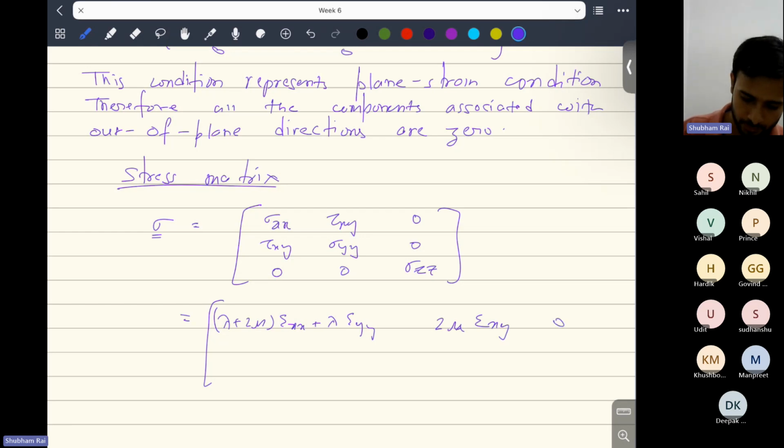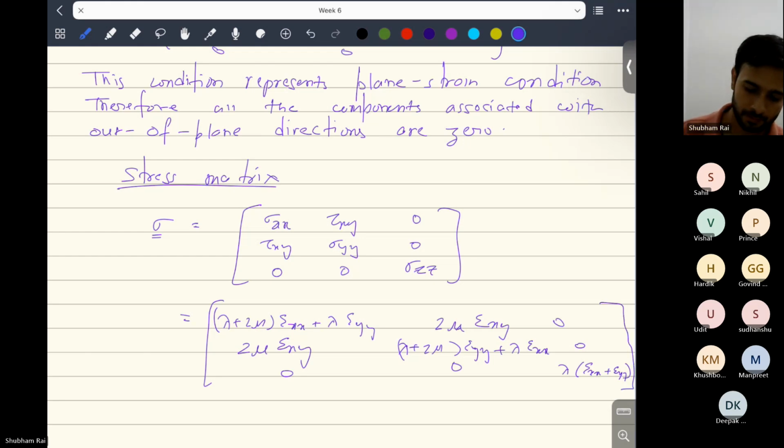This will be 0. And here again you have 2 mu epsilon xy because this is symmetric. And here you have lambda plus 2 mu. You just use the relation where stress is expressed in terms of strain using Lame's constants. If you use that relation, you will get this expression. So this will be 0, and this will be 0, 0, and this will be lambda times epsilon xx plus epsilon yy, because epsilon zz is 0.